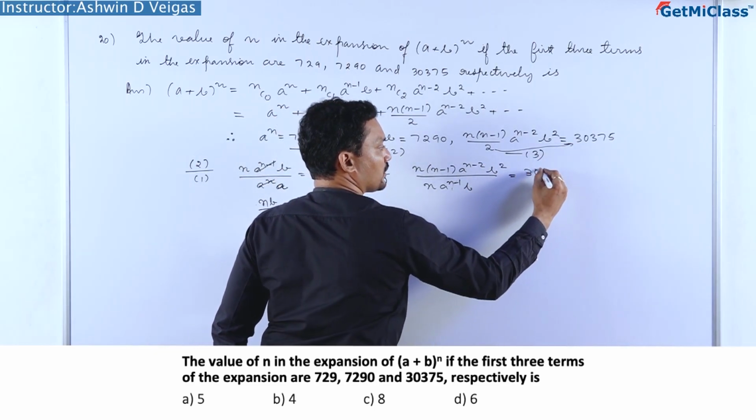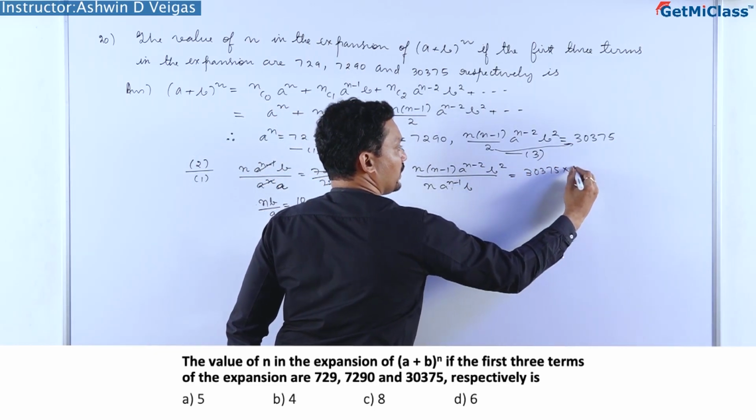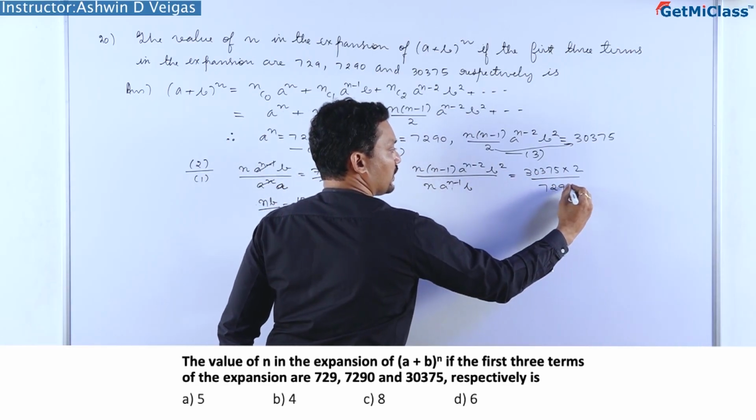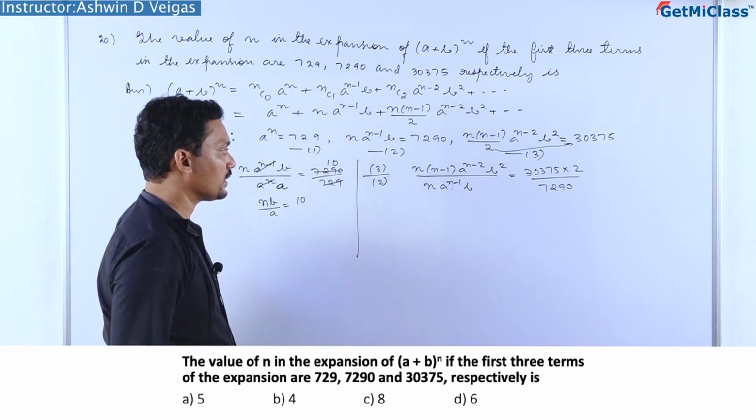So it will be 30,375 into 2 divided by 7,290. So we will get it like this.